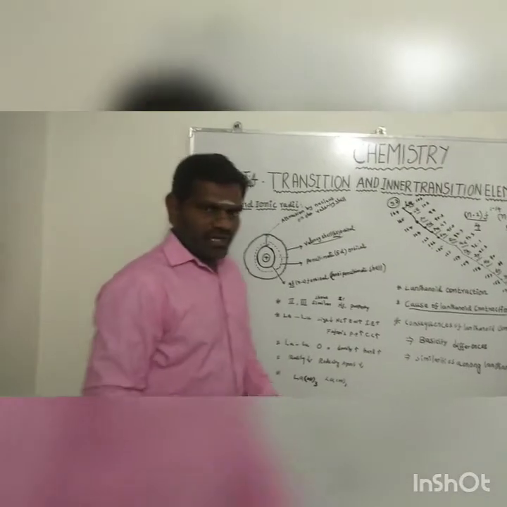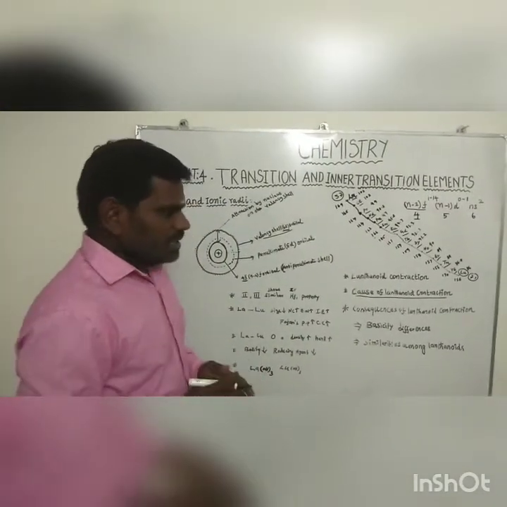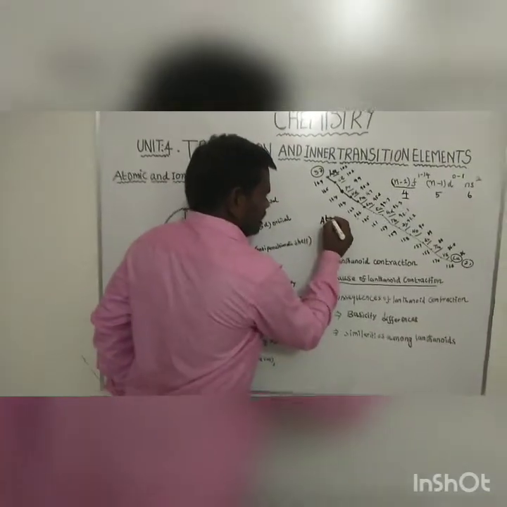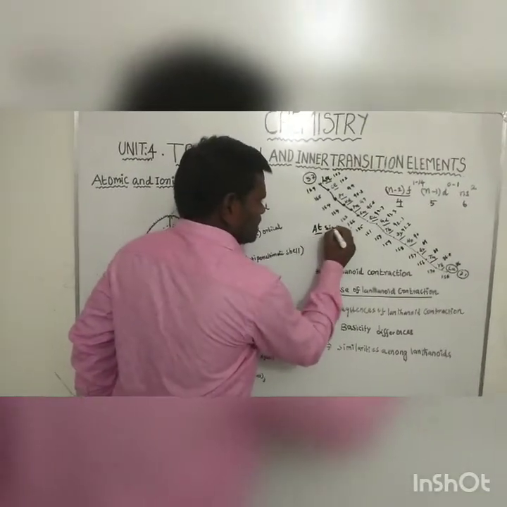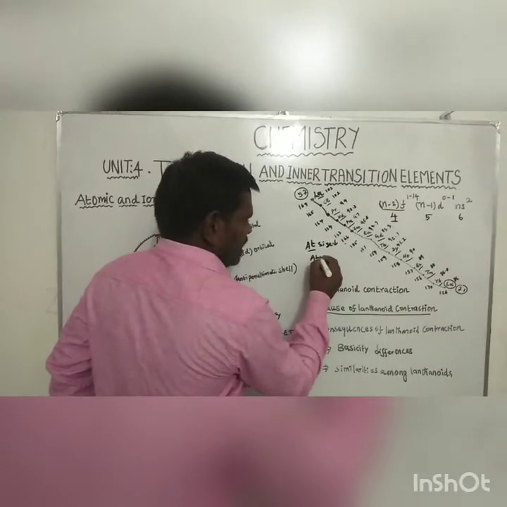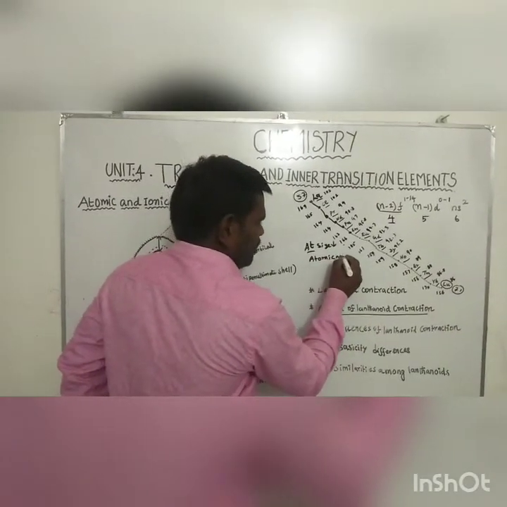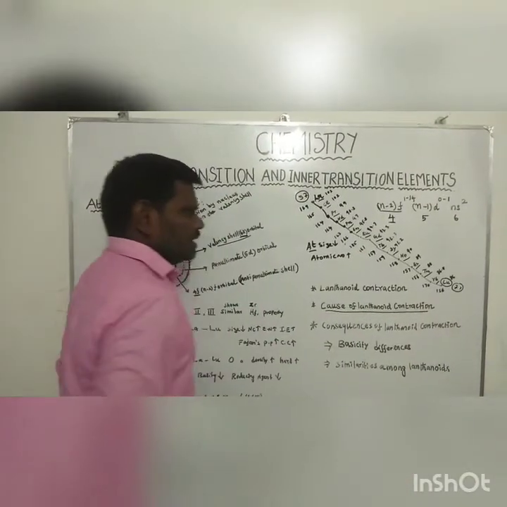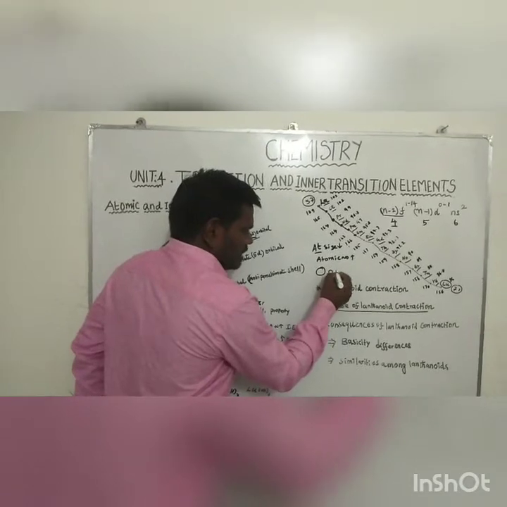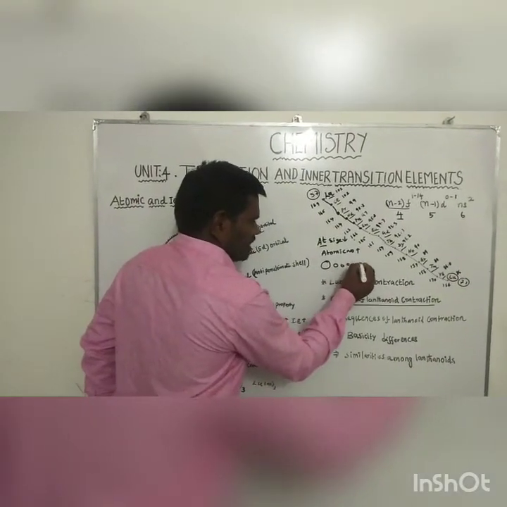Here, lanthanide contraction is the main reason atomic size decreases while atomic number increases, because the extra electron enters the same subshell.